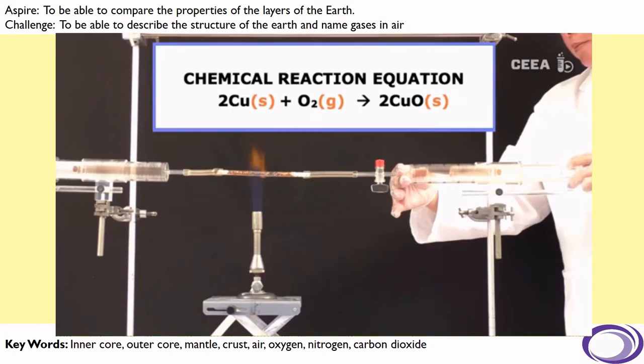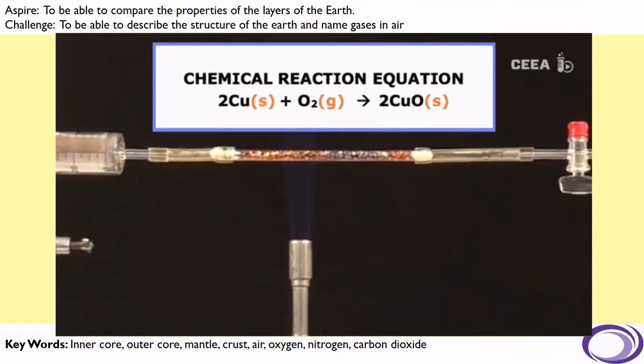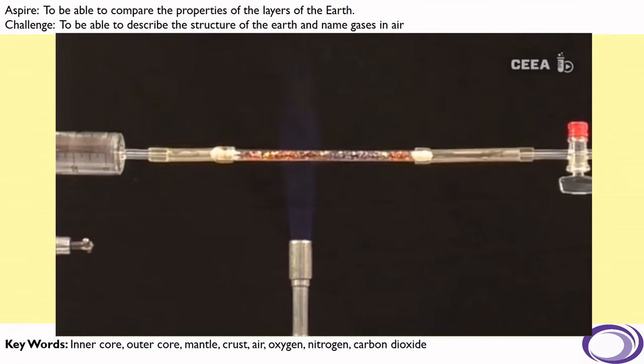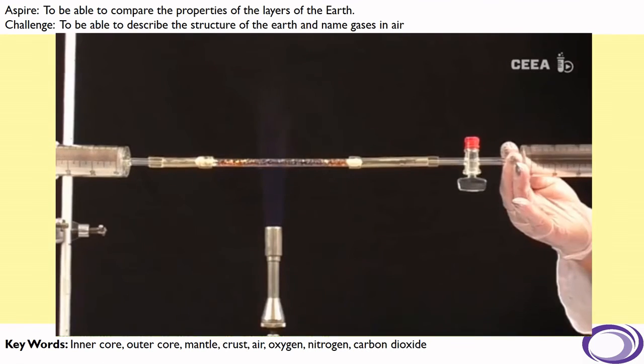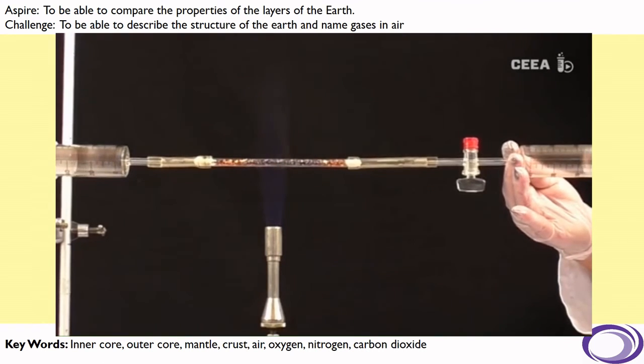As we go along, we see the color of the copper changing from red into black-blue. All the air has to move over the copper to let the oxygen in the air react with the copper and become copper oxide.